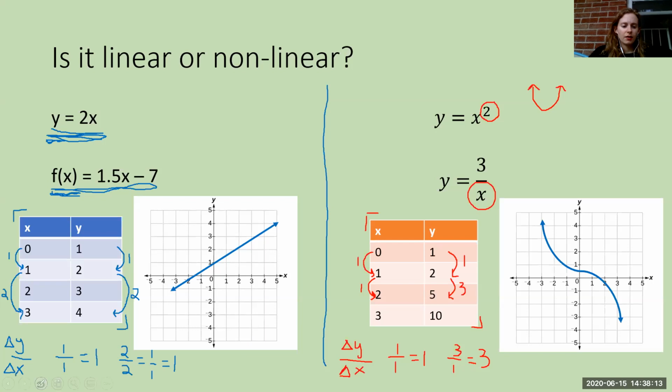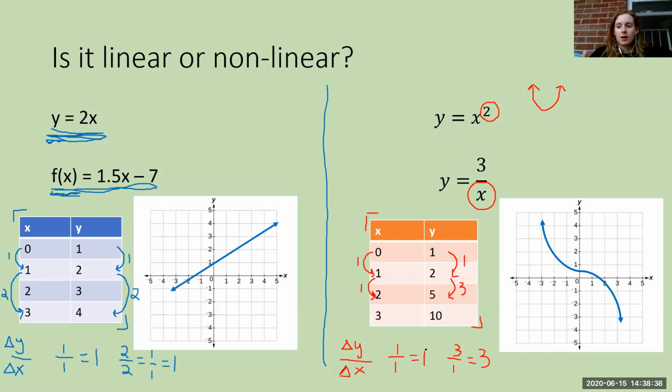So instead of, like in this blue table here, where no matter which pairs of x, y we decided to compare, we saw that the change in y compared to the change in x always reduced to the same thing. Doesn't have to be 1, but in that case it went to 1. Here we're getting different rates of change.